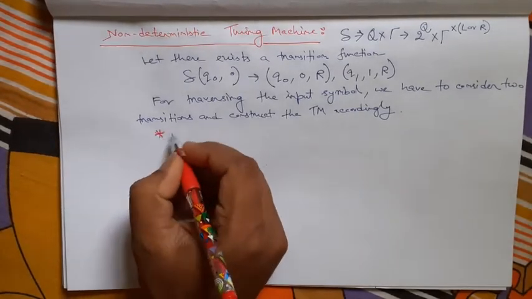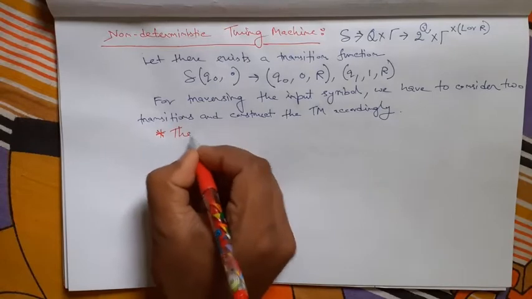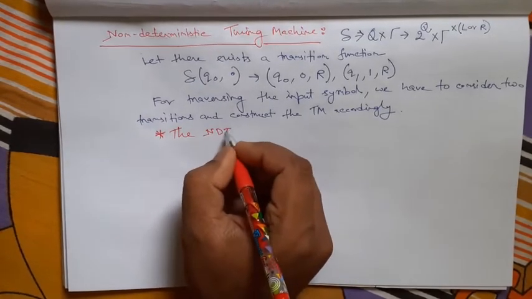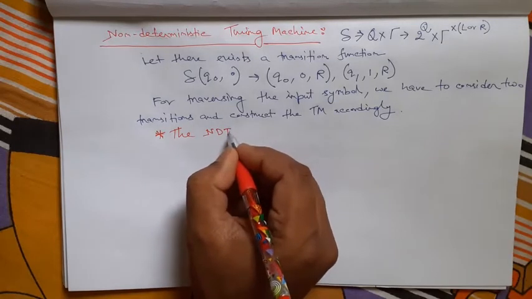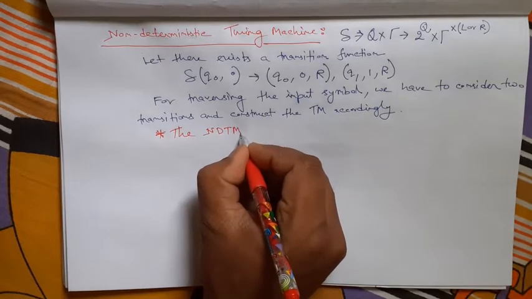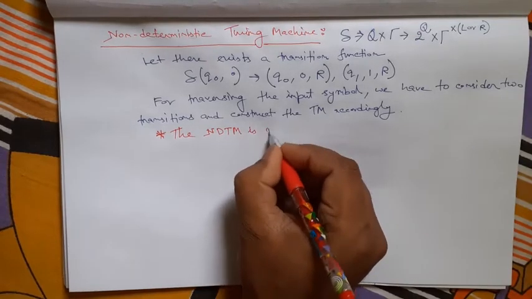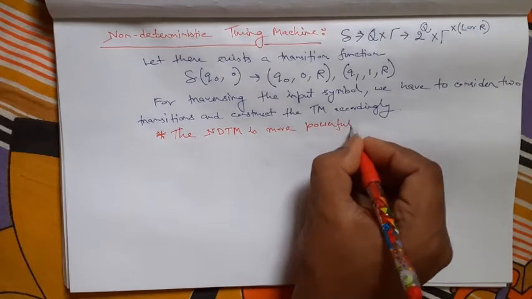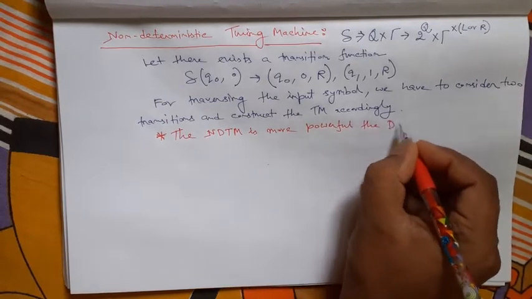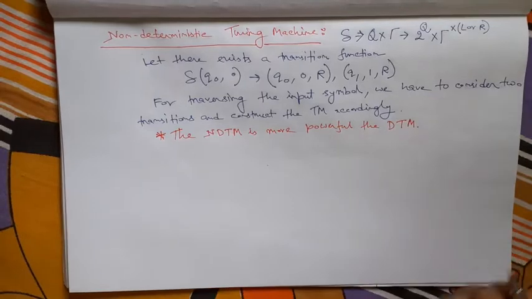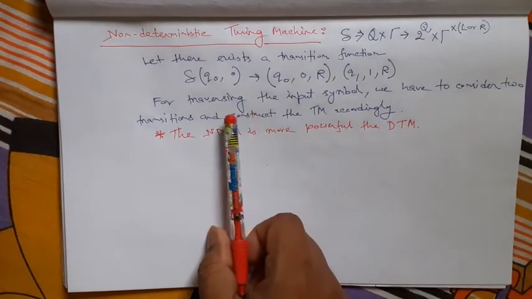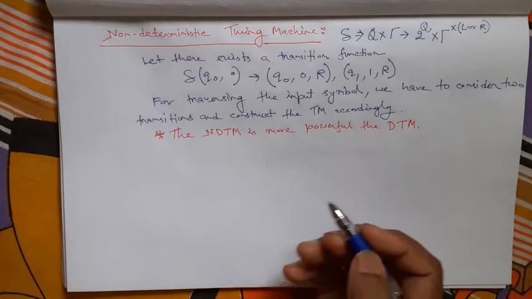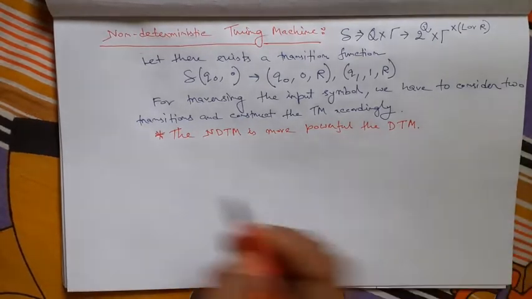One important thing is that the non-deterministic Turing machine is more powerful than the deterministic Turing machine. So let me show you one example of this non-deterministic Turing machine. Let me take a question.